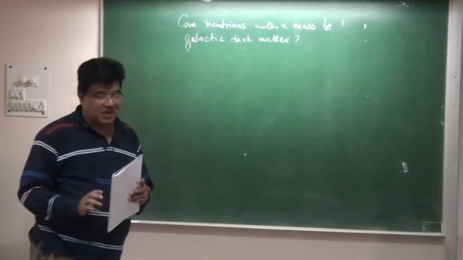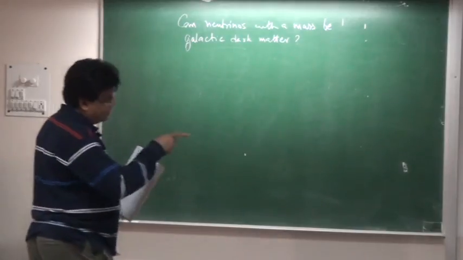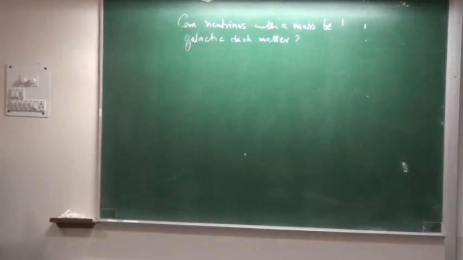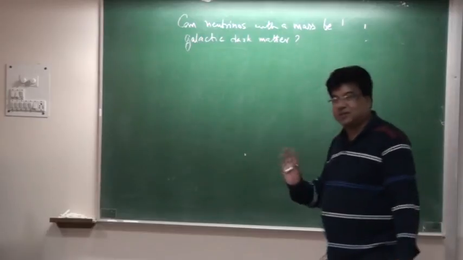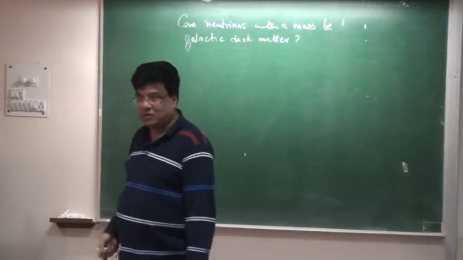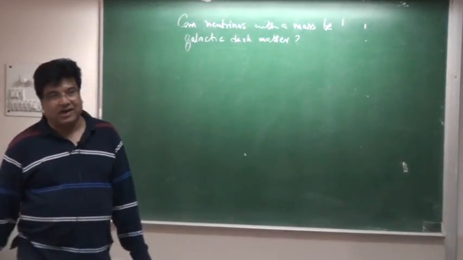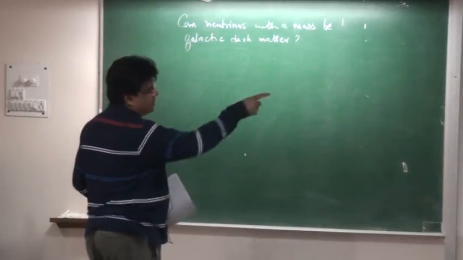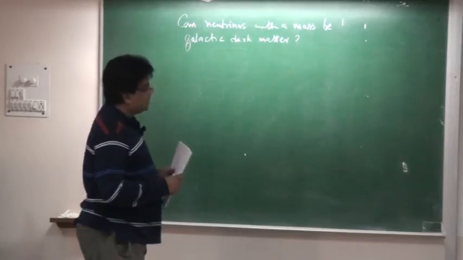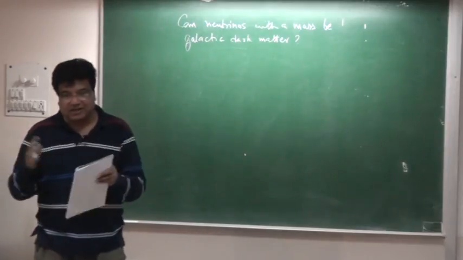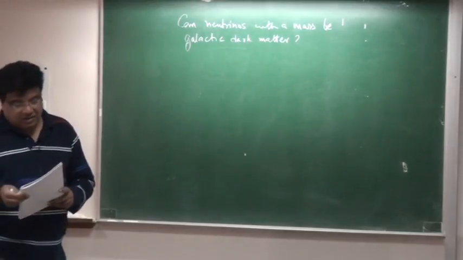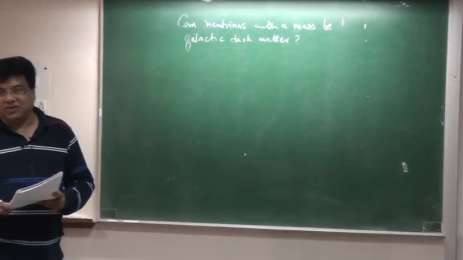There are various experiments. This is a very large density that you want to fit, 0.3 GeV per cubic centimeter, and neutrino masses are expected to be in the eV range, which I'll tell you why. They are not heavier than an electron volt. So to fit this large density, the neutrinos would need to be densely packed. The number density should be as large as possible. But neutrinos, as you know, are fermions.